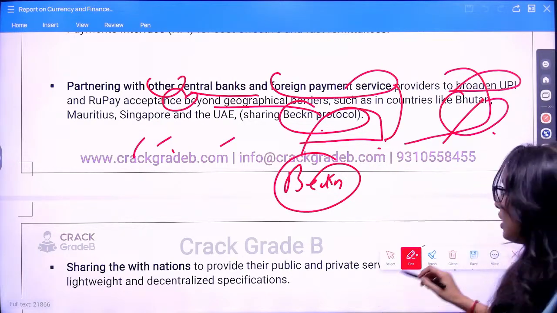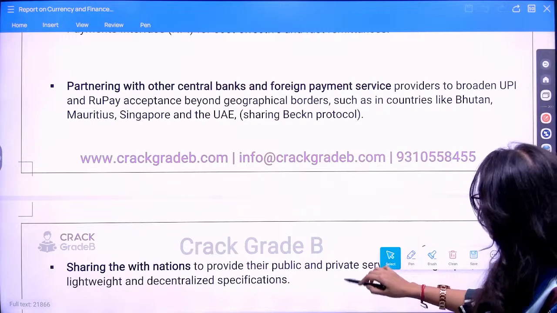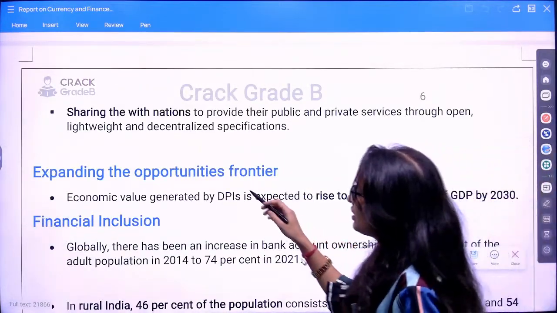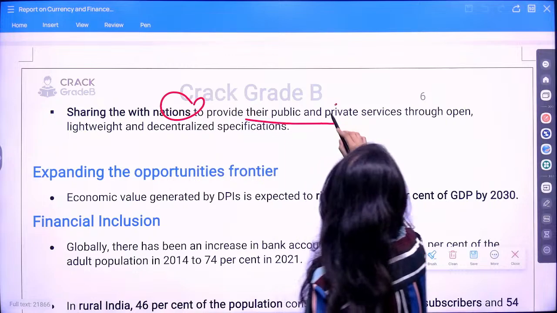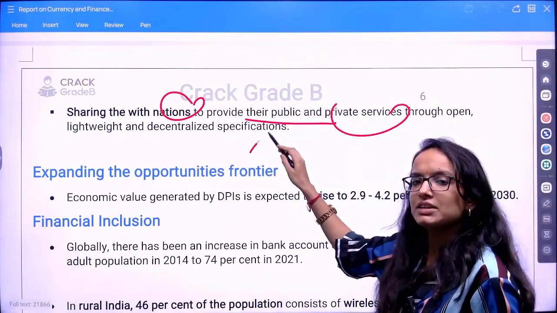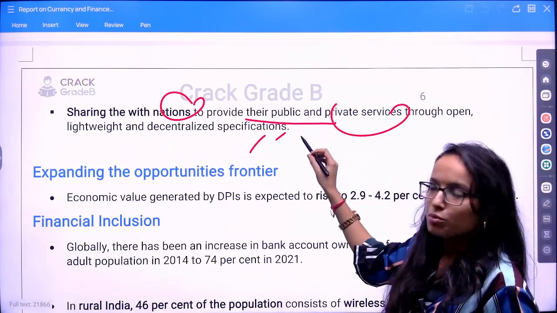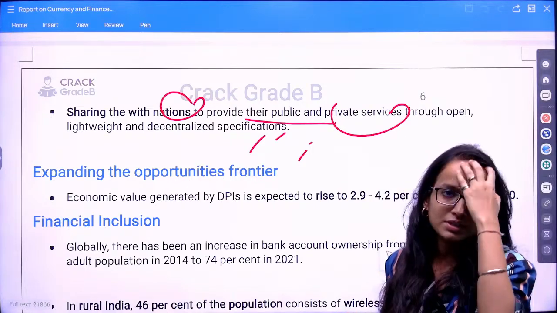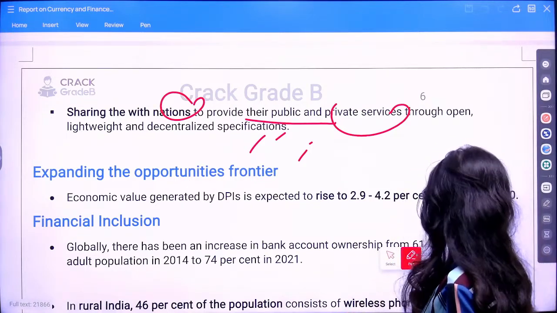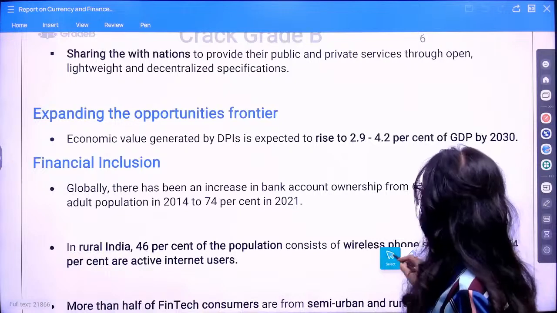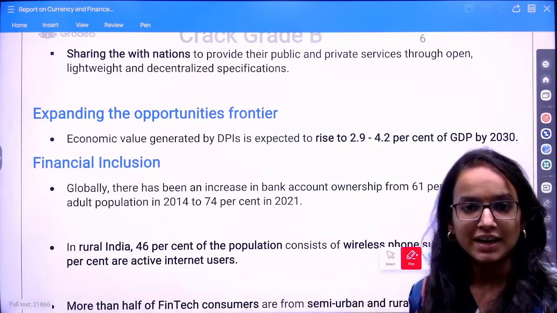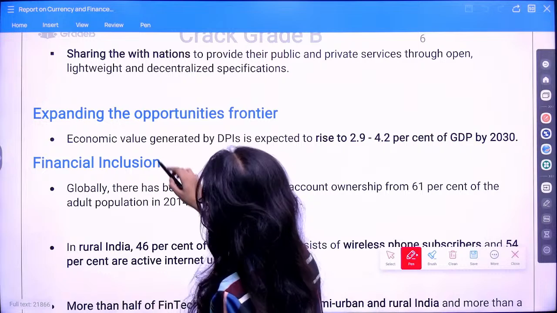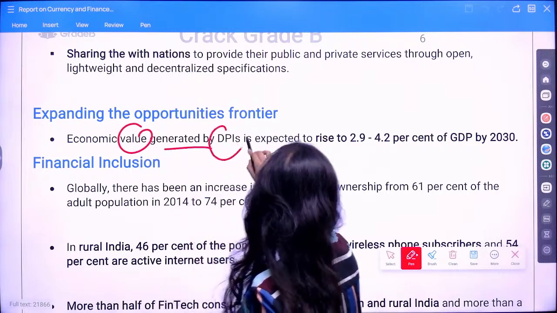Okay. Now, moving ahead. Sharing with nations to provide their public and private services through open, lightweight, decentralized specifications. So it helps provide these decentralized specifications and services to other countries, this back-end protocol. Okay. Now, this was how India is helping DPI go global. Okay. Next, expanding opportunities frontier. Economic value generated by DPI is expected to rise.